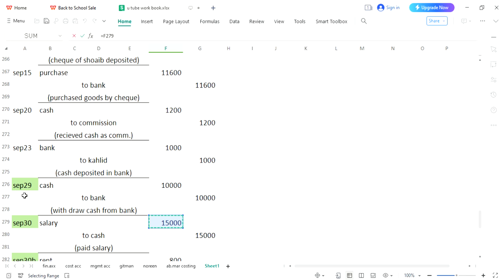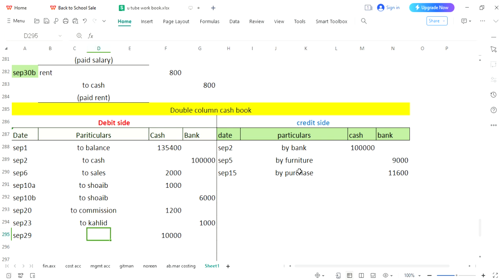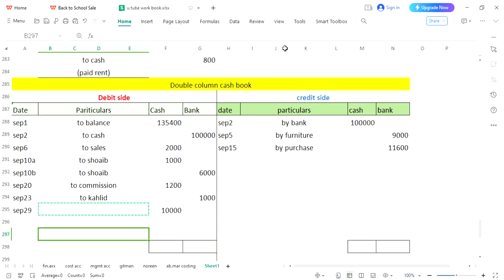Look at here, September 29, cash was present, amount was 10,000, put over here. And for reference, let me arrange this column because we have increased our space and we need to put it like this.